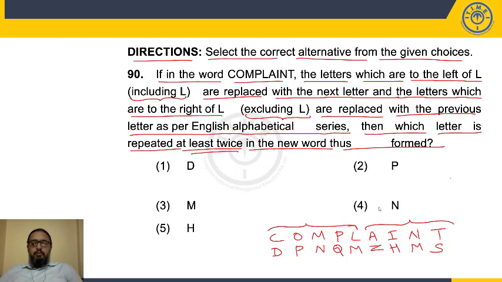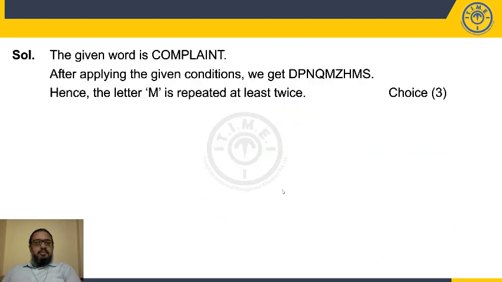At least twice is minimum 2 times. So minimum 2 times, D is not there, P is not there, N is not there, Q, but M. Then Z, H, S. So M is the only letter. So choice 3. That's all. Just follow the instructions, you'll get your answer. Got it? Yeah. Third option. Yes, choice 3.